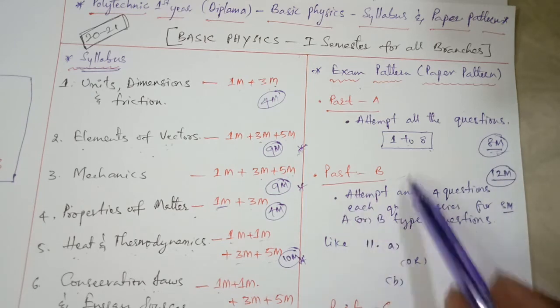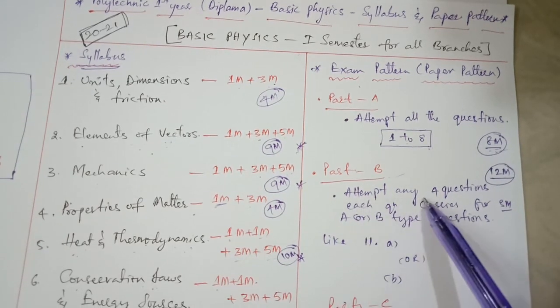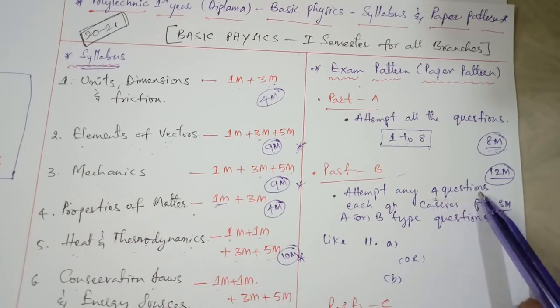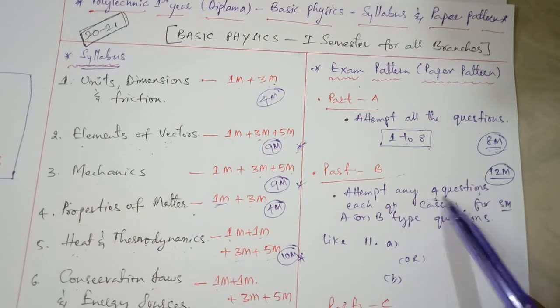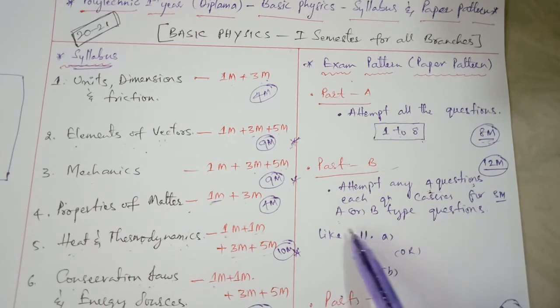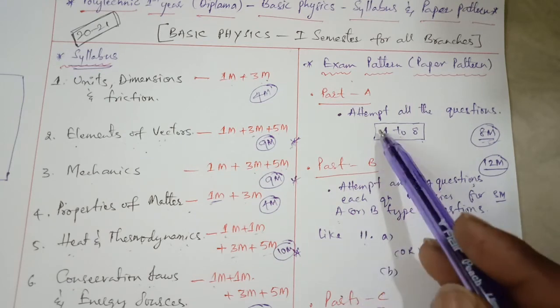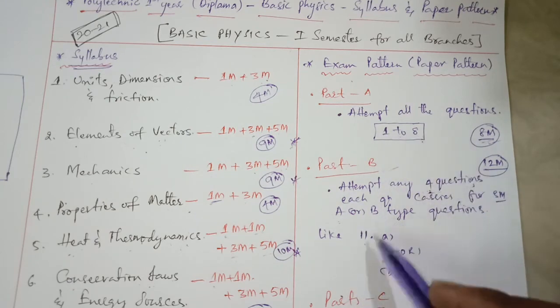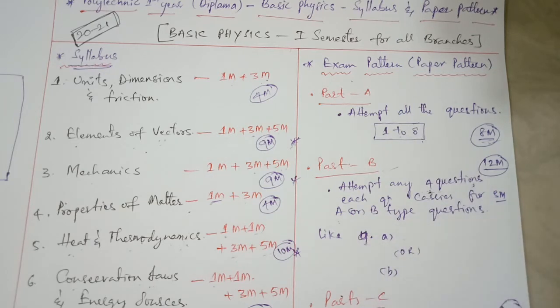And in part B, attempt any 4 questions. Here A or B type questions will be there. For example, after questions 1 to 8, let us consider this is the 9th question: 9A will be there and 9B is there.